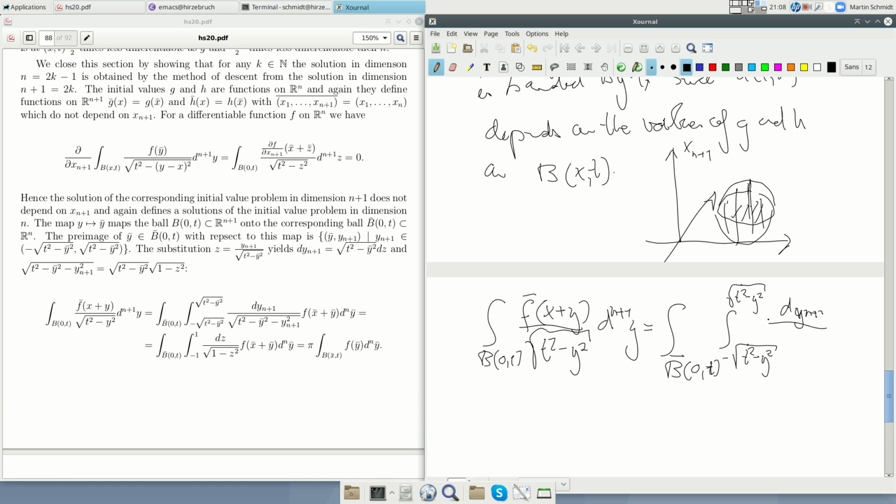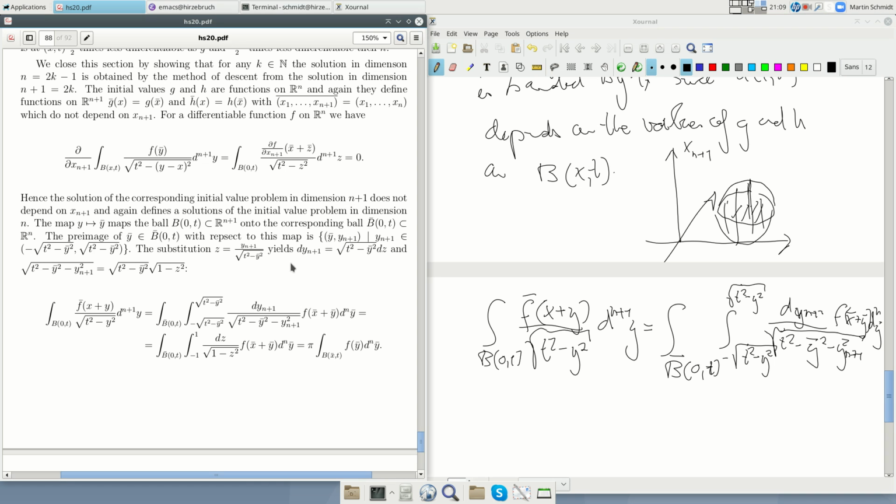divided by square root of t square minus y bar square minus yn+1 square, because this is clearly y square. And then times f of x bar plus y bar, and now it's only an n-dimensional integral in y bar. Now we make a substitution.